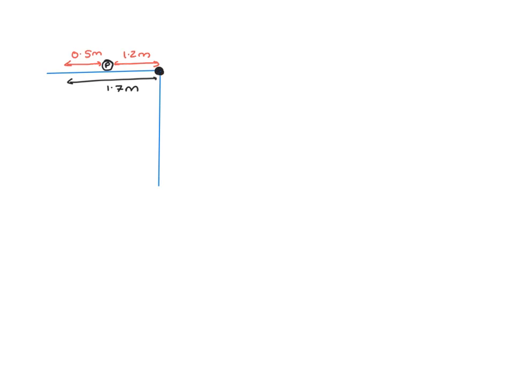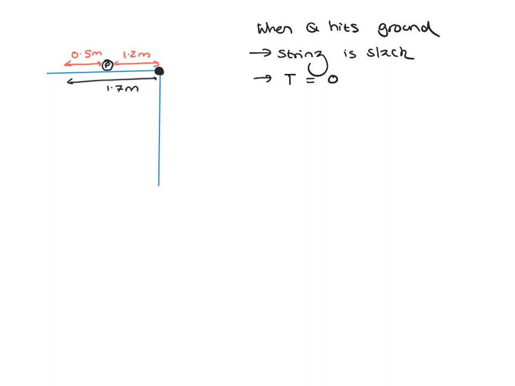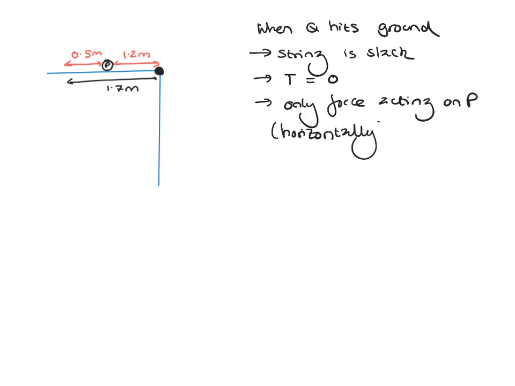So let's review what we already know. When Q hits the ground, remember, the string becomes slack, which means the tension is equal to 0, which means the only force acting on P horizontally is the frictional force.